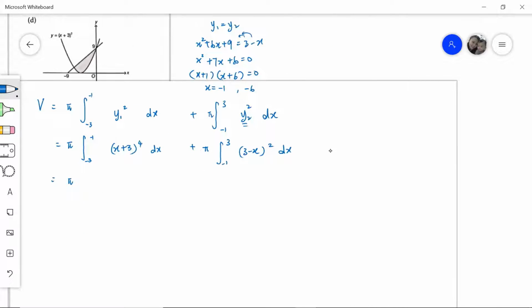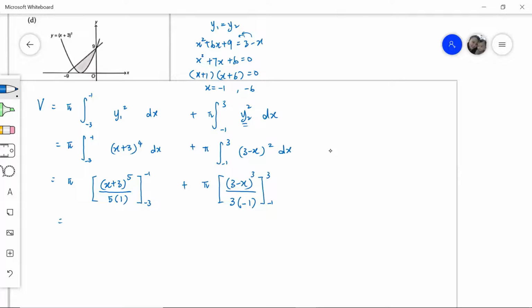Increase the power by 1 and divide by the new power and divide by the coefficient of the x. All right, so for this, we integrate from -3 to -1, plus 3 minus x raised up, add 1 to the power, so we have 3, then divided by the new power and divide by the coefficient for the x. And for this, we integrate from -1 to 3.